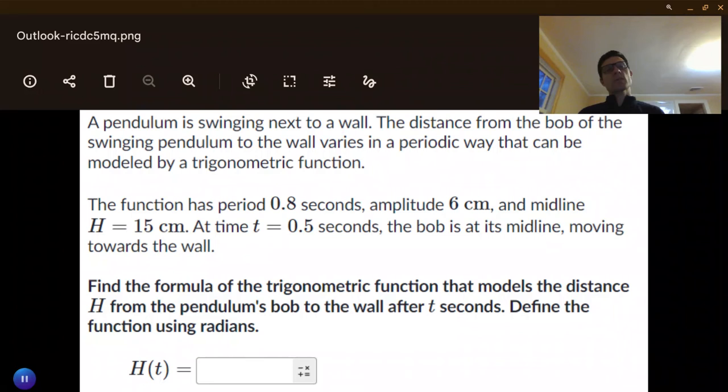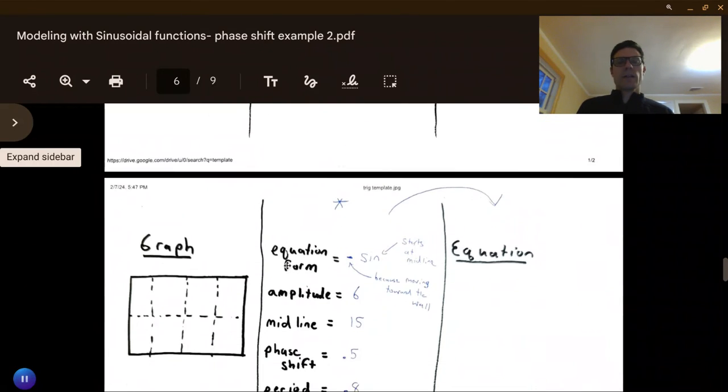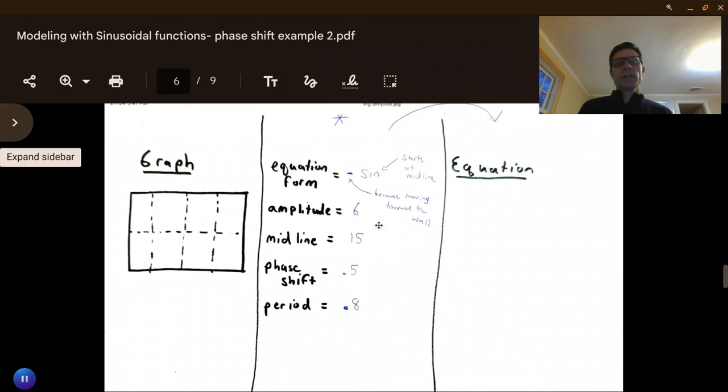So a positive sine function starts at its midline but goes up to its maximum. A negative sine function starts at its midline but goes down to its minimum. So we know that we've got a negative sign here. Okay. Now it's all pretty easy. It's just a review of what we've done before in terms of turning all this information into an equation.